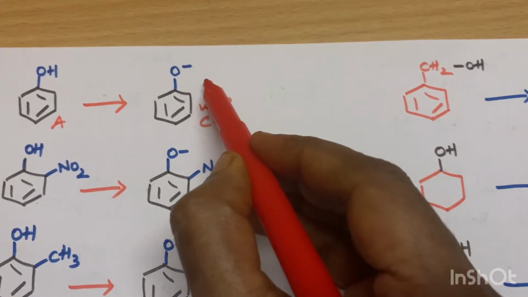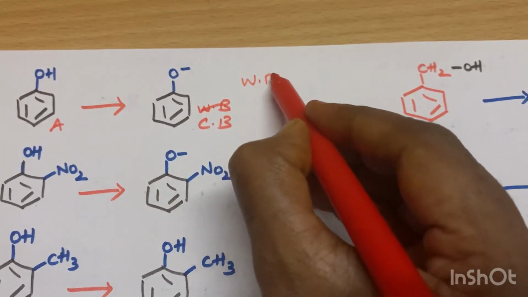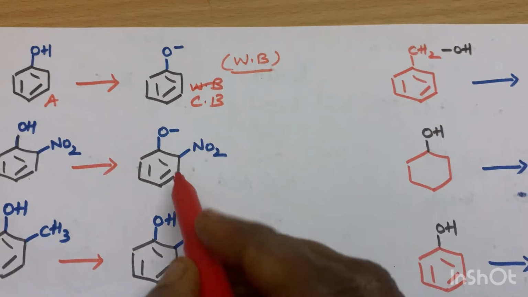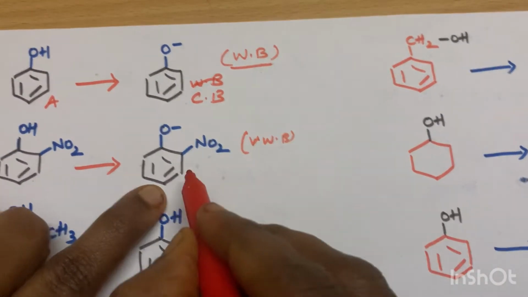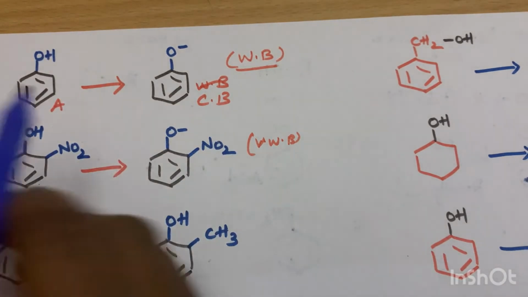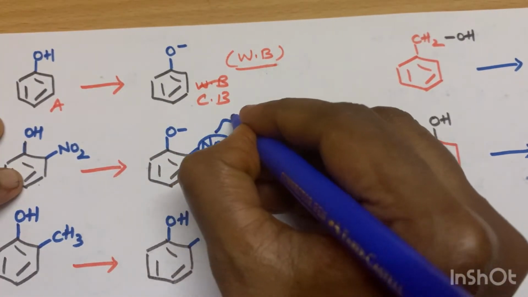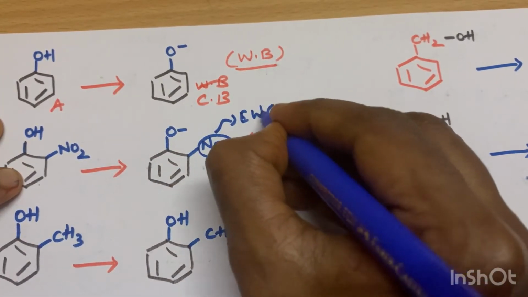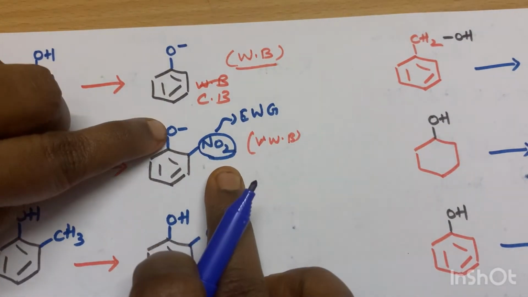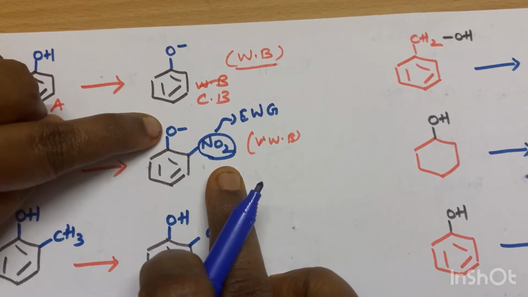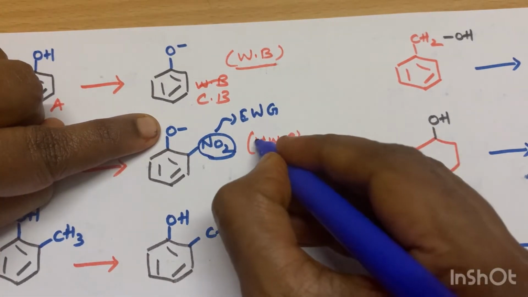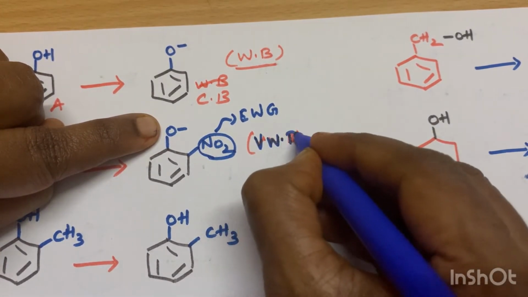See, this will be a weak base and this will be a very weak base due to the powerful, who is he? He is a powerful electron withdrawing group. So due to him, all the electron density will come to the ring. No electron density will be on oxygen. So it is a very, very weak base.